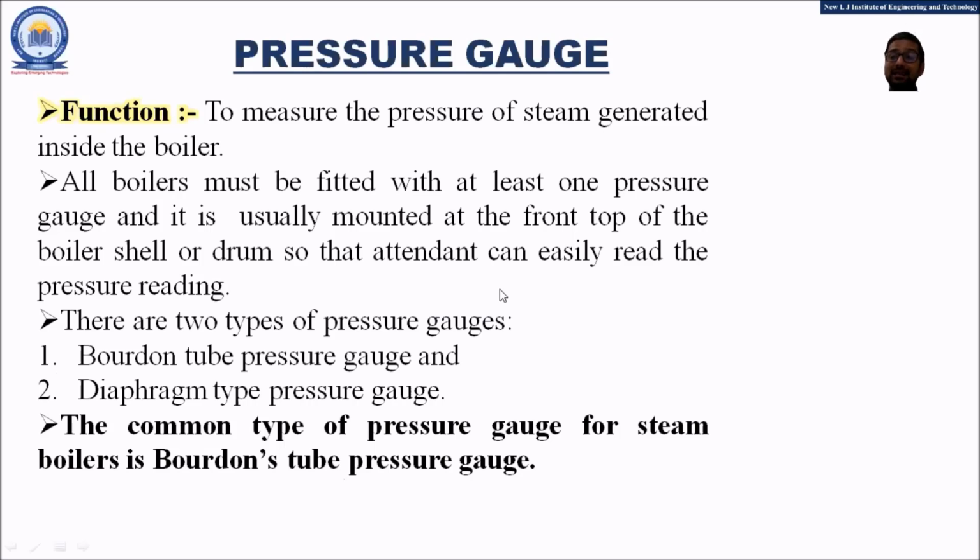The first and the important boiler mounting is the pressure gauge. The function of the pressure gauge is to measure the pressure of the steam generated inside the boiler. Because friends, it is very essential to measure the pressure of the steam, so that when very high pressure is generated and it is noted by the boiler operator, he can immediately take the safety measures.